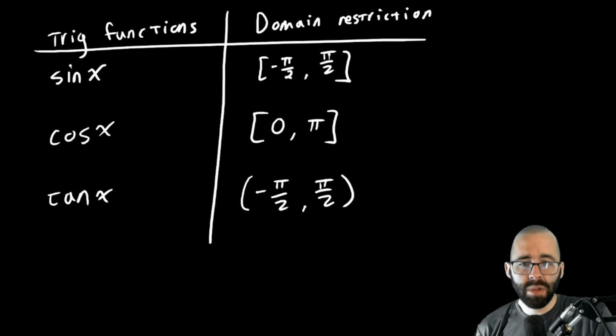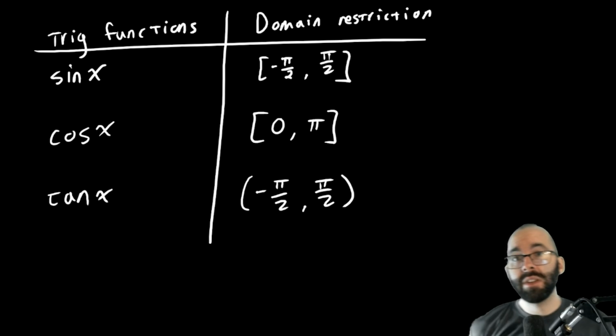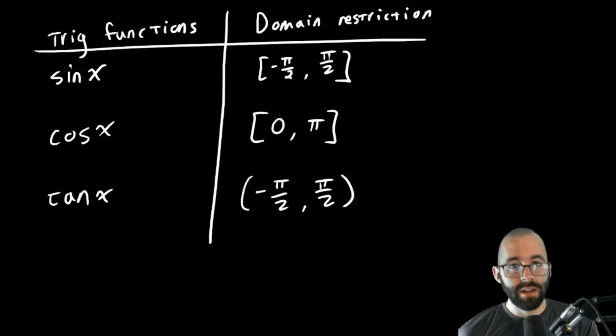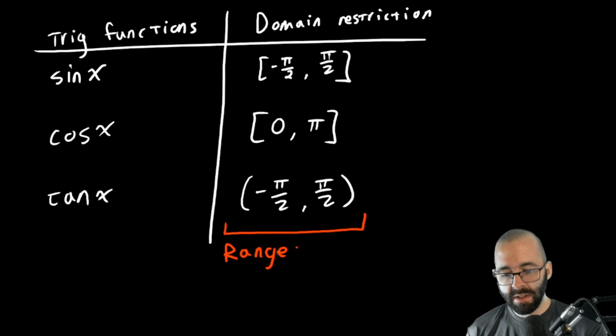And this is going to come into play, especially when we get into some more complicated things. But in the meantime, this is where we're going to restrict our domain. And why this matters is doing things by hand. Calculators are actually going to come in real handy in this section. All of these domain restrictions are the ranges of inverse trig functions.